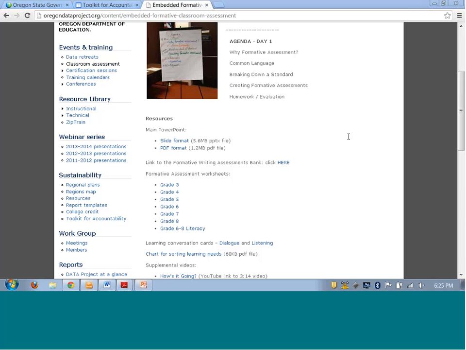And I do have from Penny that she found during the sessions at the data retreat that administrators have a difficult time knowing what formative assessment should look like.